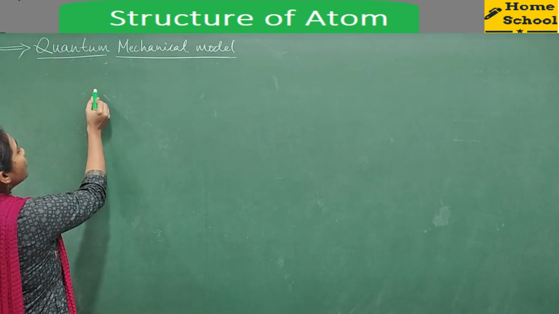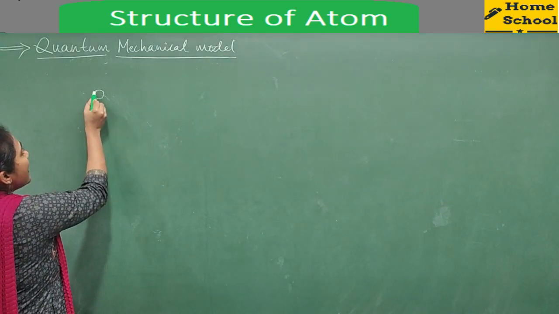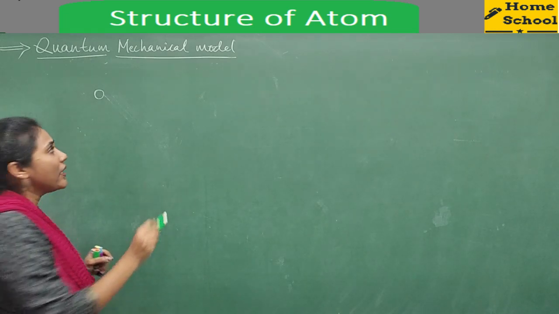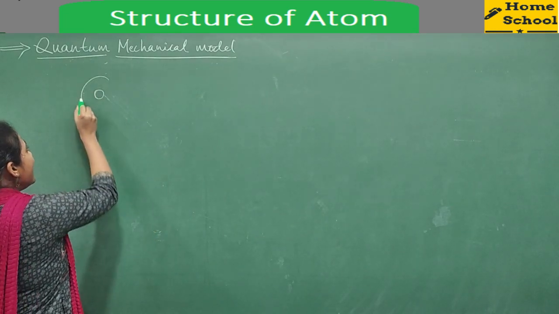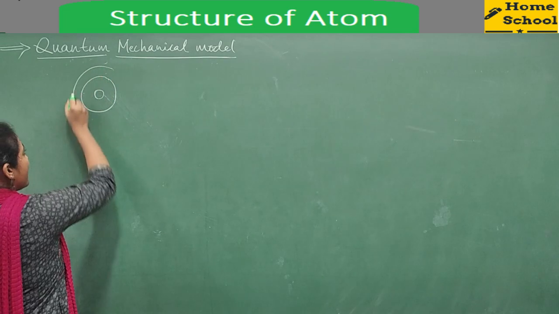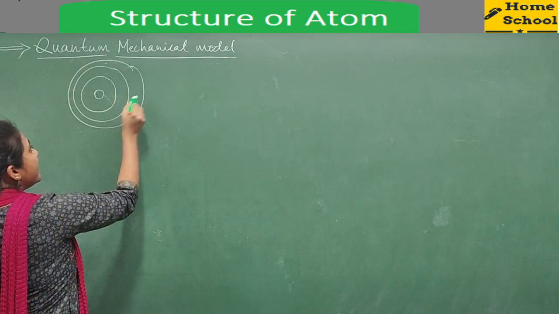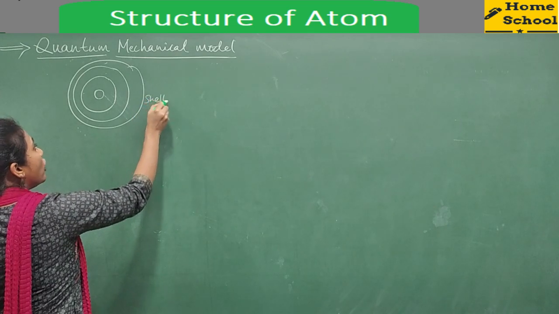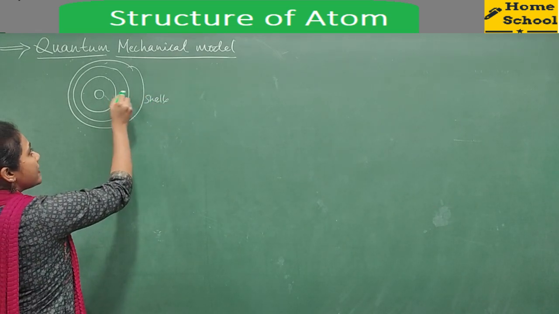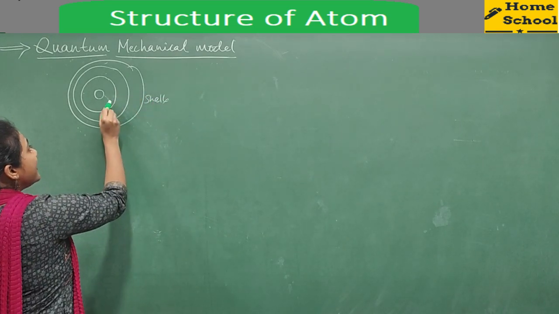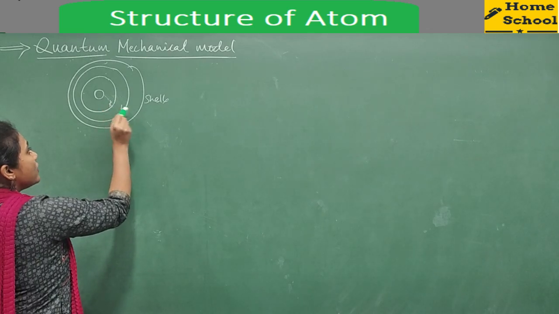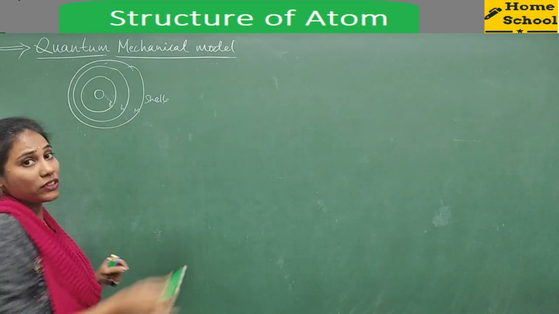Bohr told us that an atom has a nucleus at the center, and there are certain circular paths which he called shells. He named them K shell, L shell, M shell, and so on.